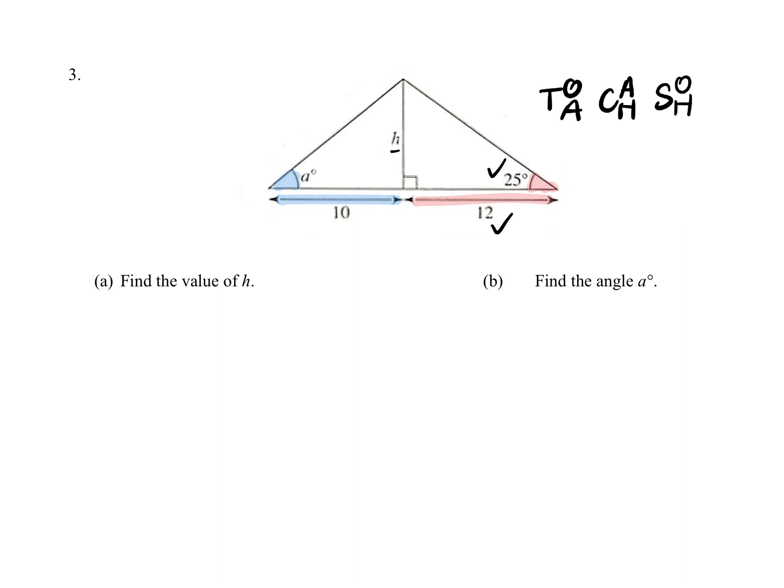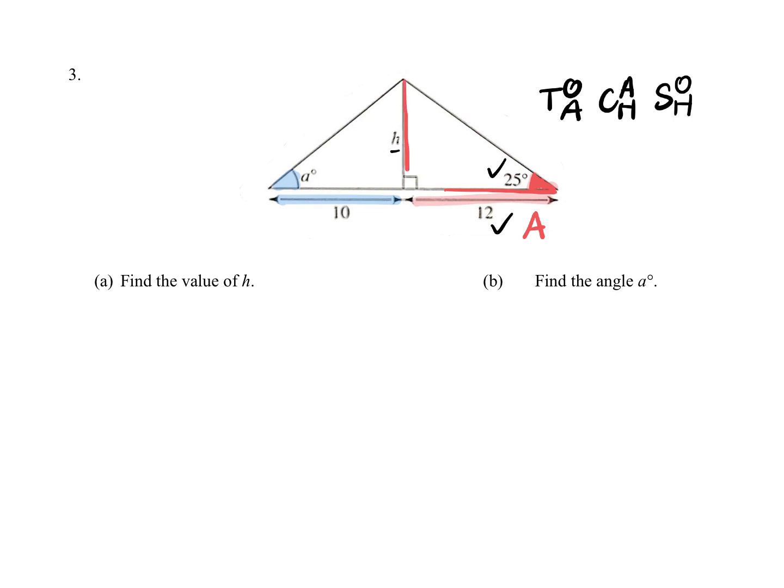And let's do a little bit of labelling. If this is my angle, what is 12? O, A, or H? Well, 12 touches the 25 and is not the longest side, so this is my adjacent. And then what about the side H?